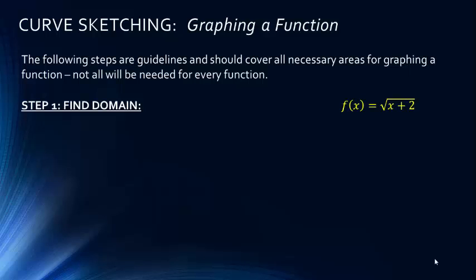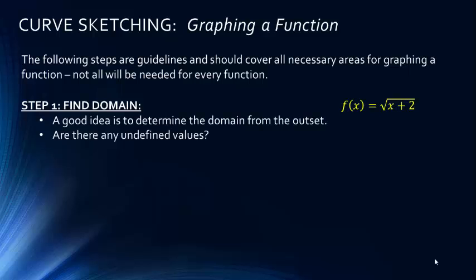So the first thing you probably want to do is find the domain. You want to find all values of x that are valid for whatever function. Now remember, when you're trying to find the domain, we typically look at two types of equations. Is it a rational expression where a denominator cannot equal 0?